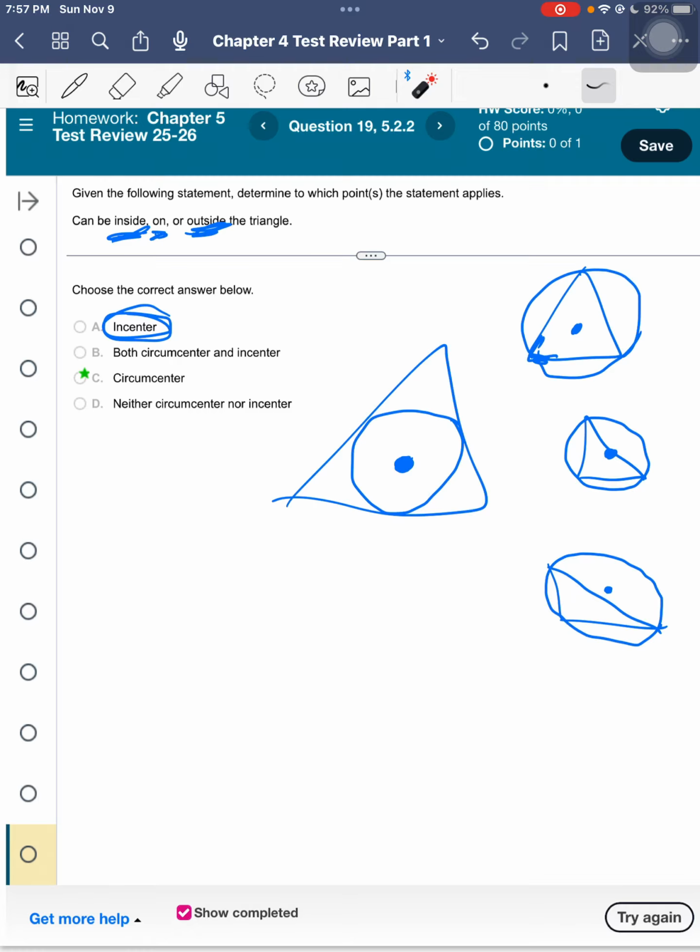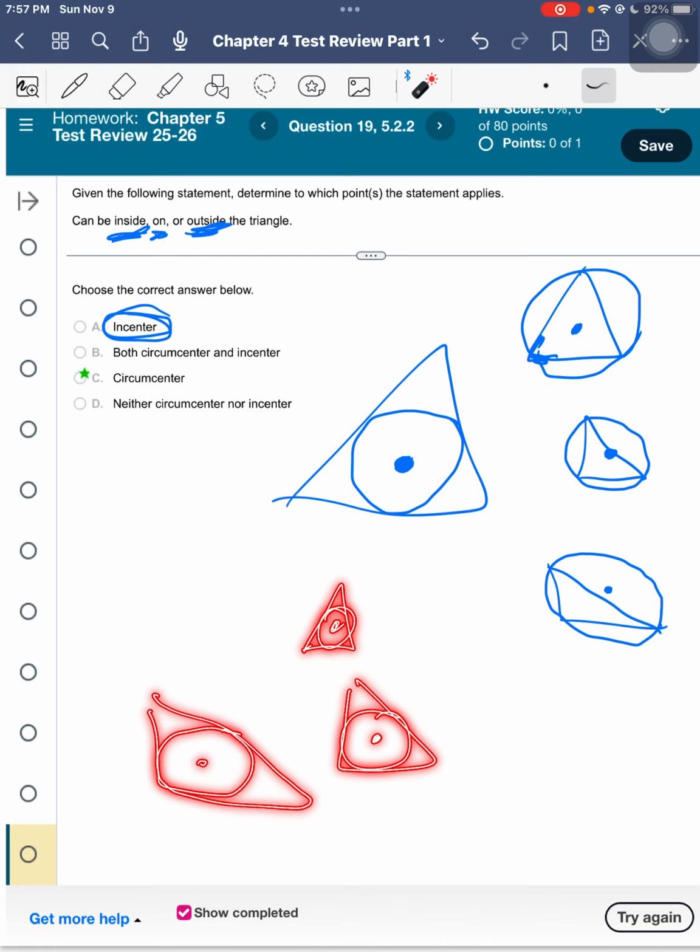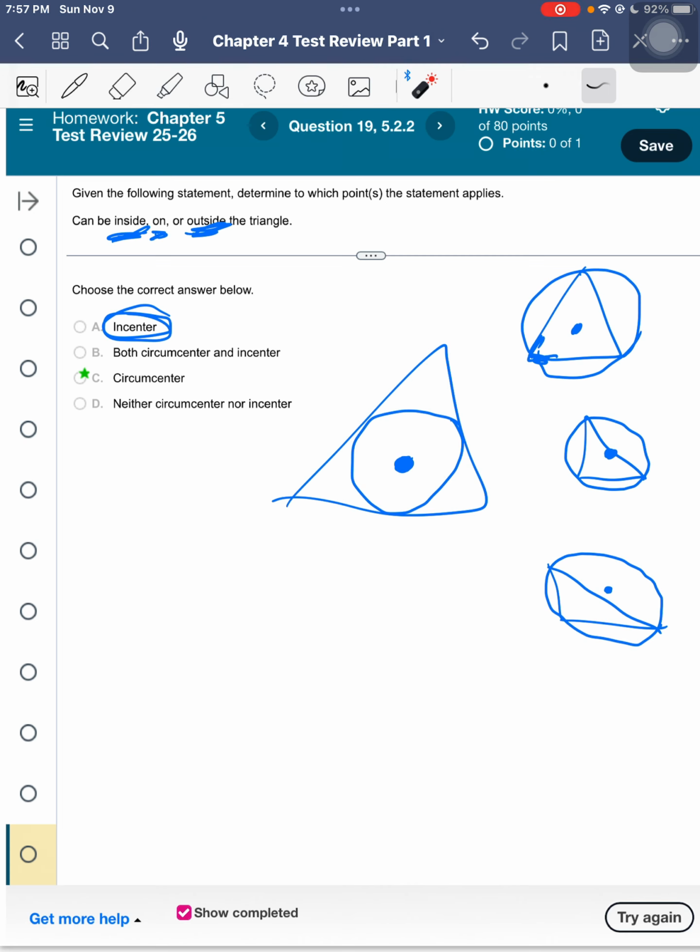It's never going to happen. That doesn't make sense. So even if it's an acute triangle, a right triangle, or an obtuse triangle, your incenter will always be inside the triangle. The only time when your point of concurrency can be in, on, or outside is for circumcenter.